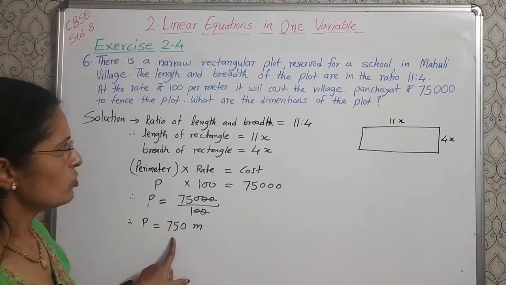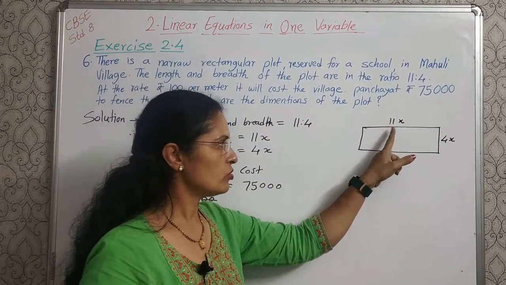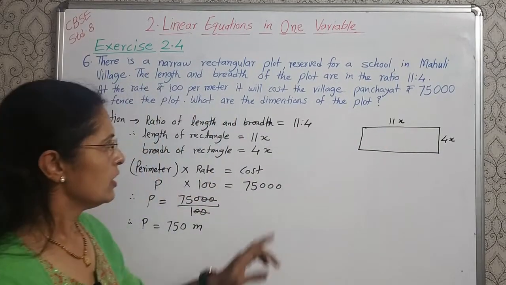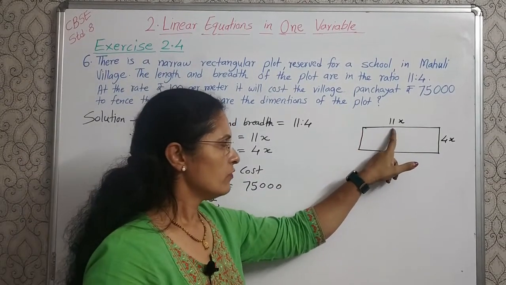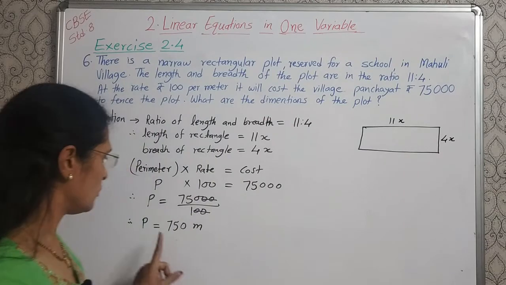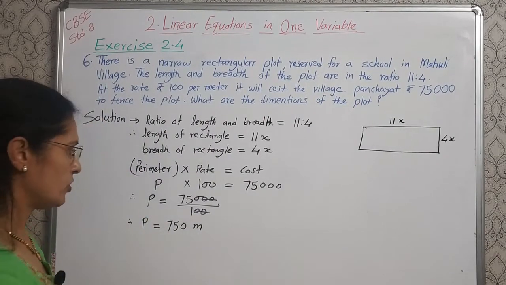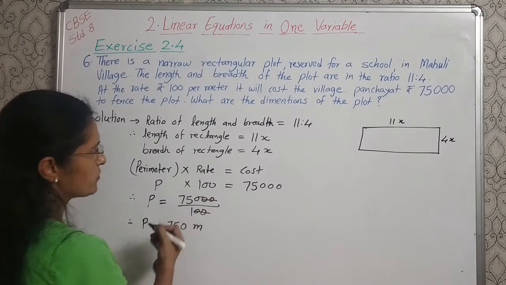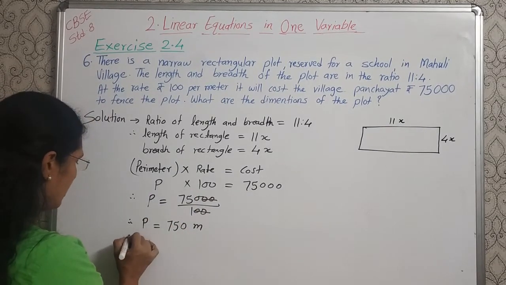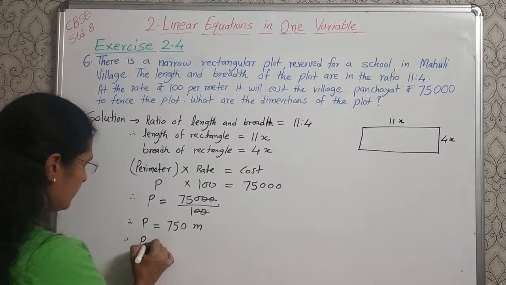Now how to find the length and breadth? Length and breadth are 11x and 4x, and now we have the perimeter, 750 meters. First we will prepare the equation using the perimeter formula.